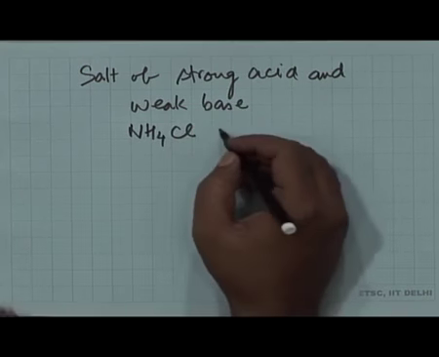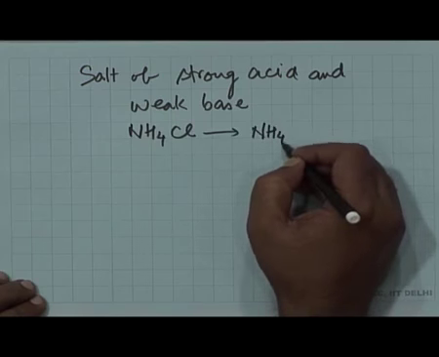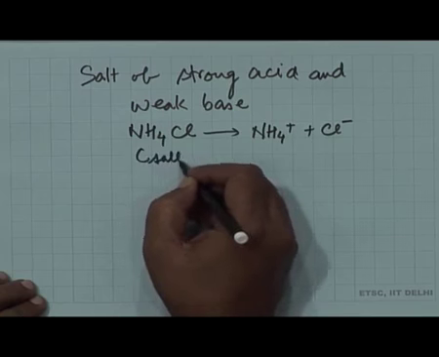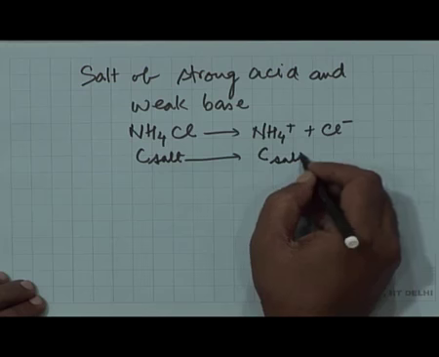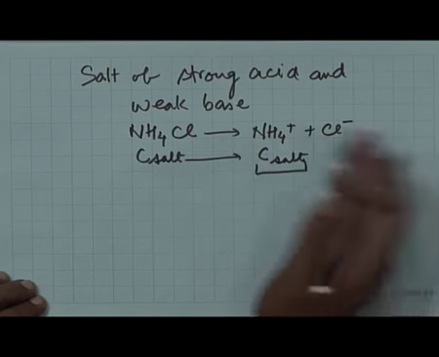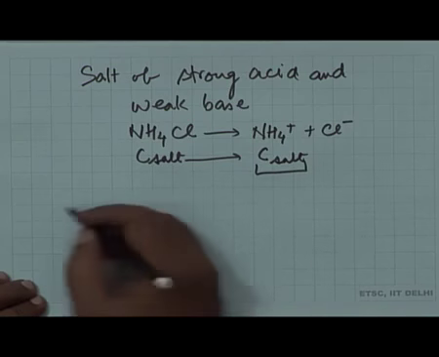Again, this is a soluble salt. When we put it into the solution, it will break completely. So, this is your salt concentration C, then the concentration of NH4 will also be equal to C. Basically everything goes to NH4 plus ion.